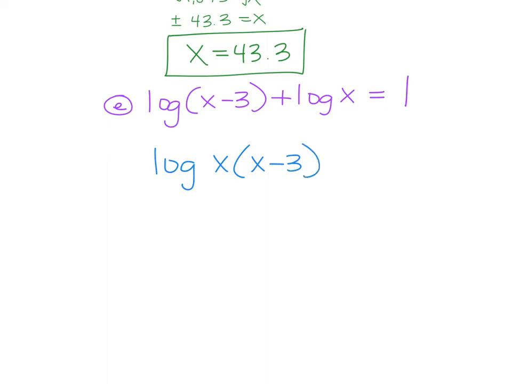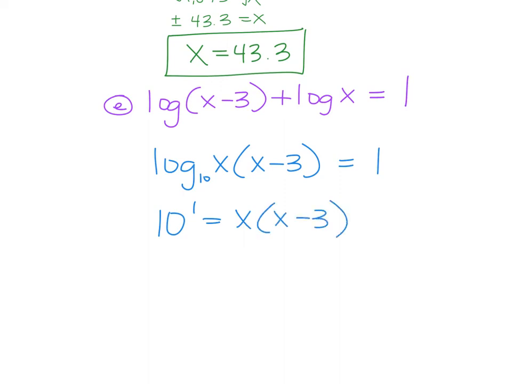You could put it behind, that's fine. So if we rewrite this in exponential form, your base right now is 10, so we're saying 10 to the first power equals x times (x minus 3).